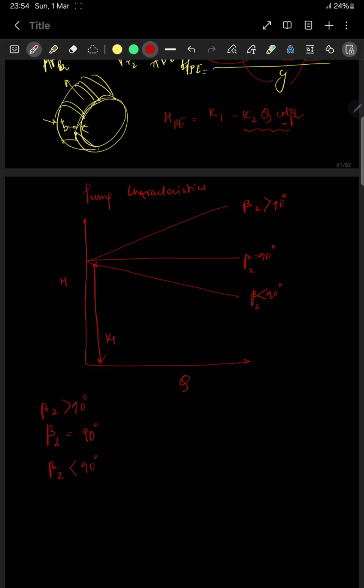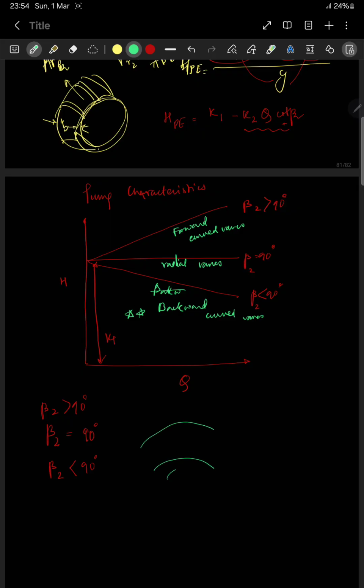These are called forward curved vanes. This is radial vanes. This is backward curved vanes. These vanes are very commonly used in the pumps.